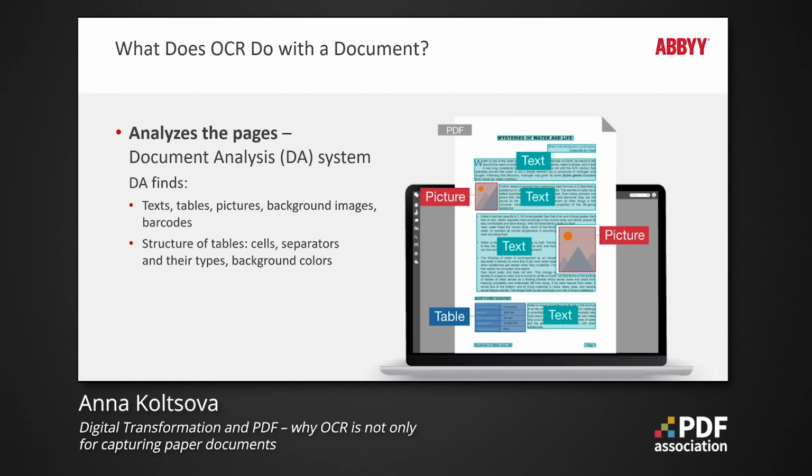This way, DA finds which parts of the page contain text, which are pictures, which are tables, and if there are background pictures on the page. Barcodes are detected too. Also, DA analyzes the tables to find out which parts of the table image are separators, which are the cells, and what's inside each cell.